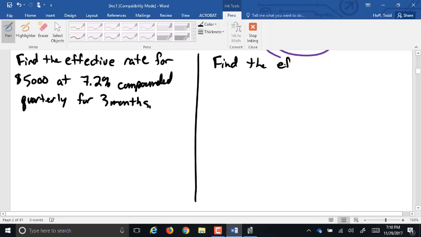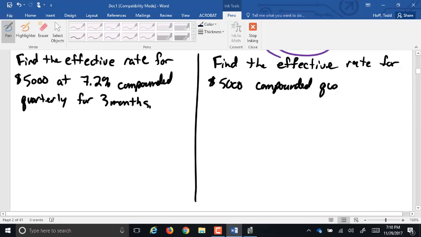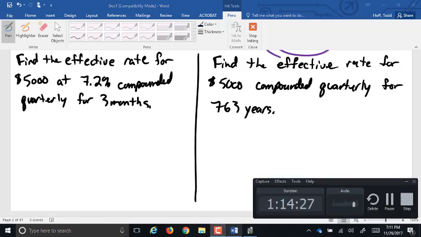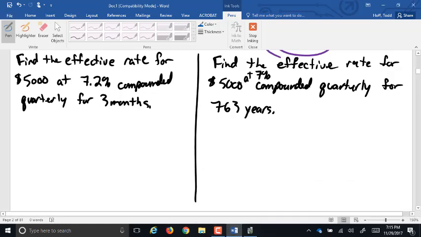Find the effective rate for $5,000, compounded quarterly for 763 years. It doesn't really matter. At 7% compounded quarterly for 700.